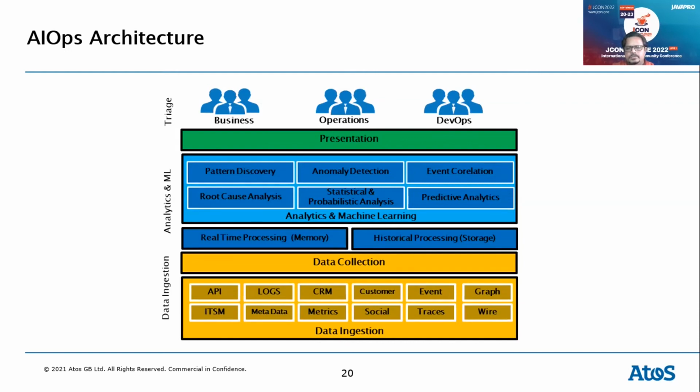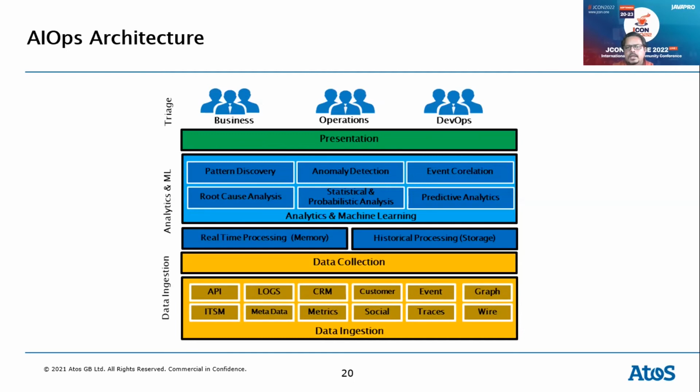Because at times just monitoring data is not sufficient. You need external data as well to correlate, to do the root cause analysis, to do the anomaly detection. So AIOps is integrating that business data into your monitoring stack, be it your CRM data, your ERP data, your customer related data, logistics data, you name it.